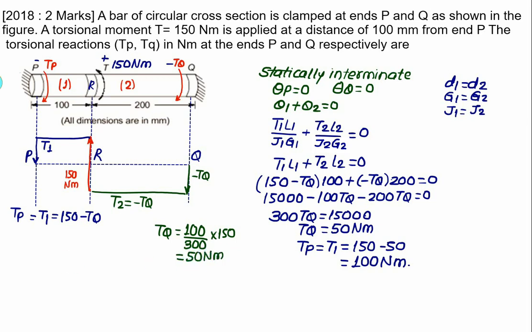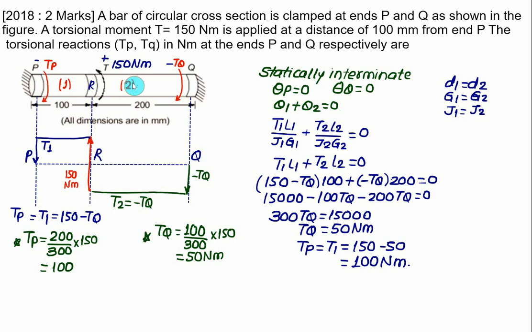And if you want to find the value of Tp, the opposite length is 200 and the total length is 300, multiplied by the external torque 150. So this is 200 by 300 of 150, equal to 100. So within a second we can find such answers. But remember, it's a quick step.